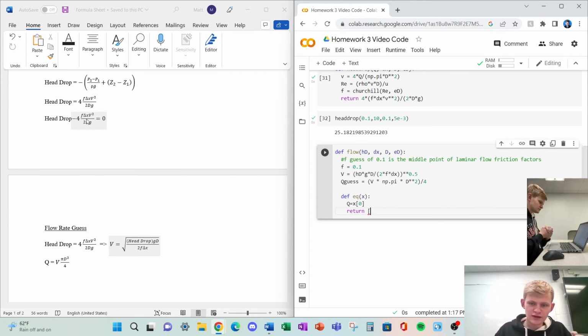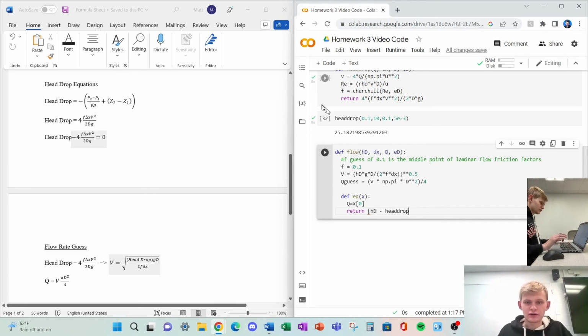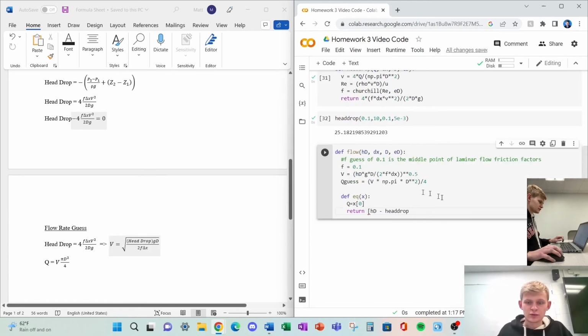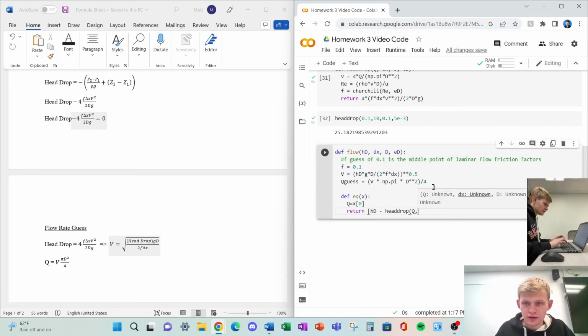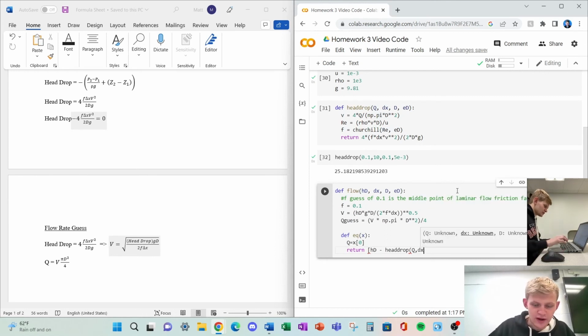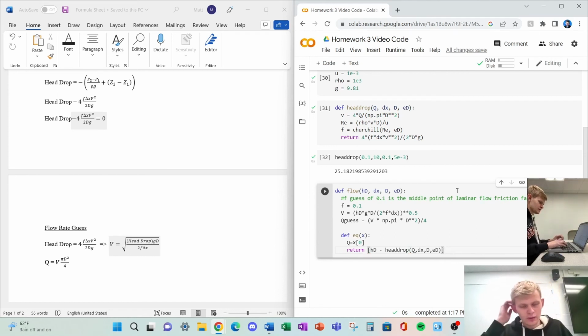Next, we're going to say that our given head drop minus our head drop formula or function up here. So we're going to put that back in with a given flow. And then what do we have up here? We also have our length of the pipe, our diameter, excuse me, and then we're going to have this with our surface roughness.